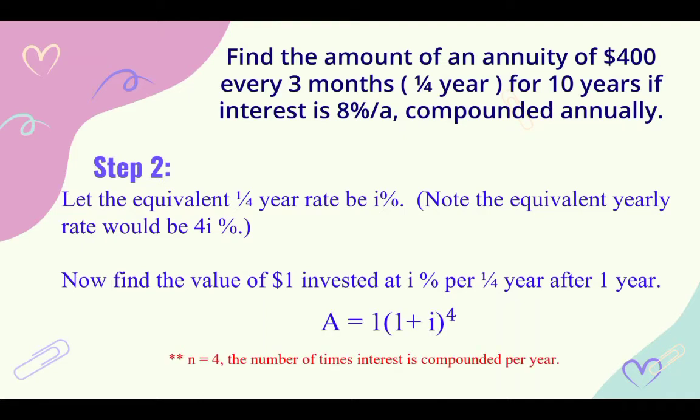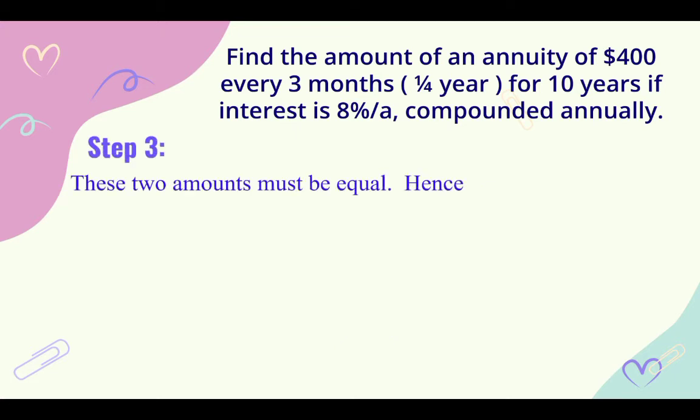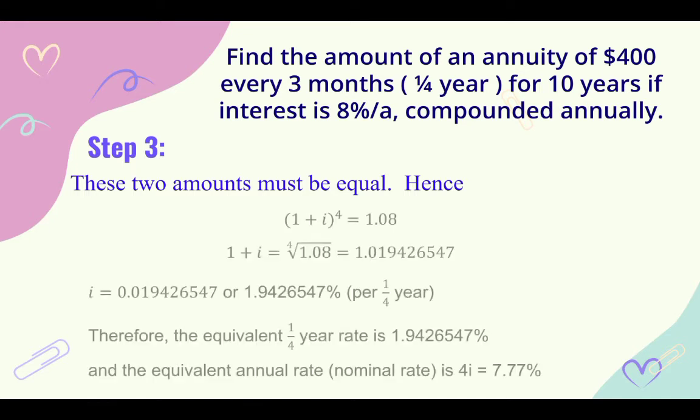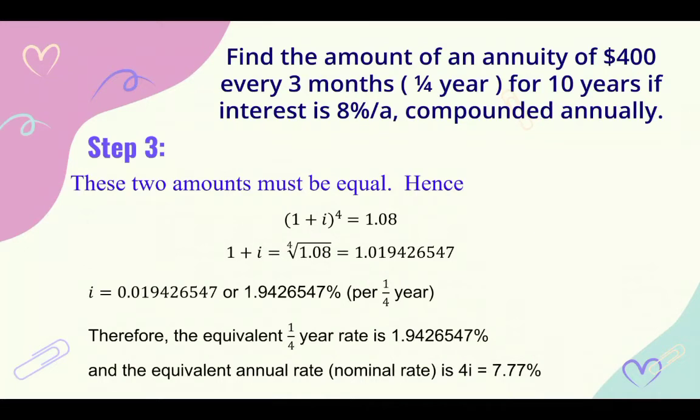Note that the number 4, or the N, is the number of times interest is compounded per year. And the step 3, these two amounts must be equal. Hence, 1 plus I raised to 4 is equal to 1.08.